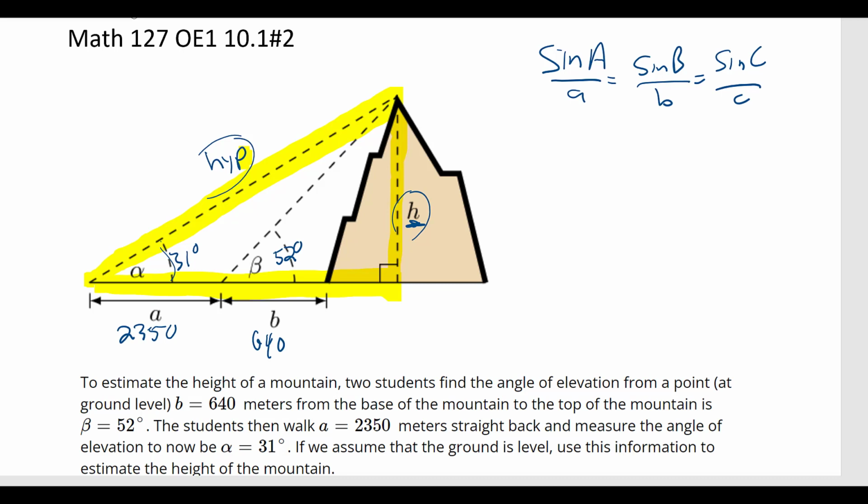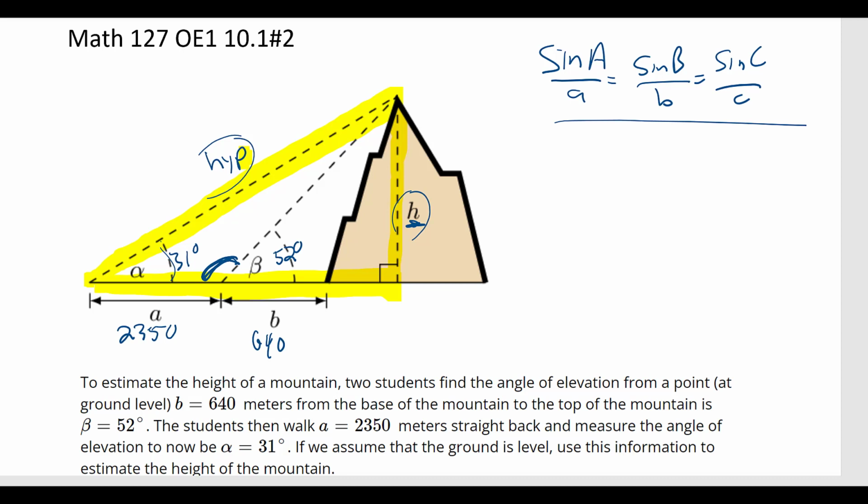So part of the goal is to find out what this hypotenuse is. We can go with the law of sines that I have written down here, which hopefully you've covered in the book. So let's find out what this angle here is going to be.